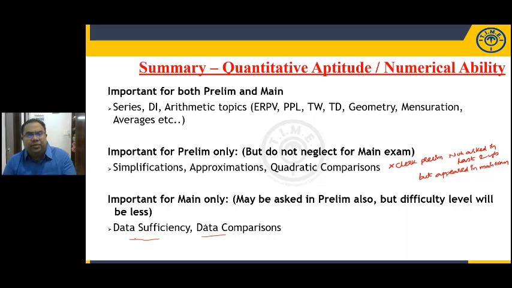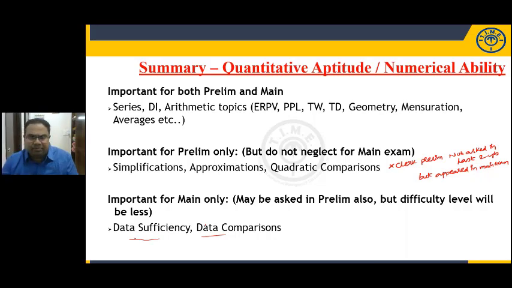Instead of that, you focus more on individual questions and data interpretation. If you're writing clerk specifically, focus on more simplification and approximation questions rather than other question types. So series, data interpretation, individual quant topics, simplification, approximation, quadratic comparisons. In a nutshell, these are the topics you should focus on for IBPS RRB exams. Right, students?